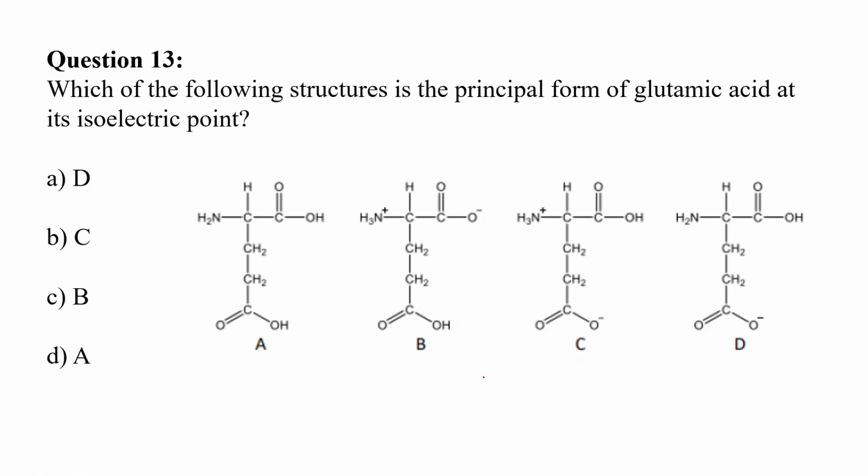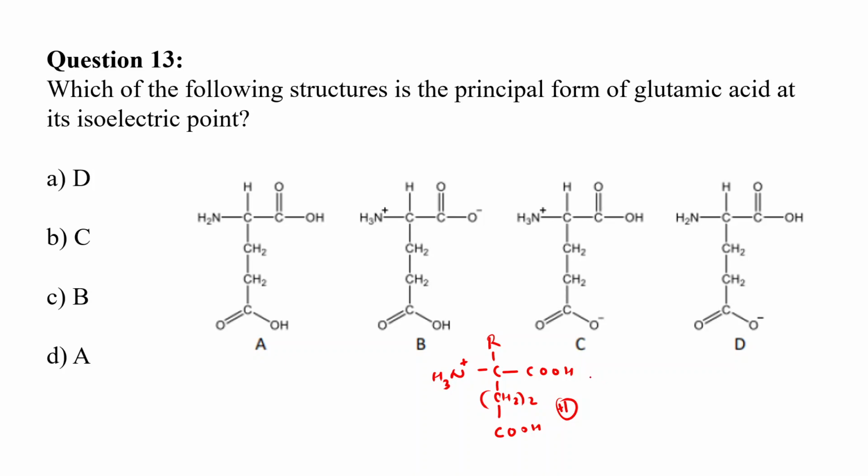If I have a fully protonated form, that is NH3 plus, COOH, and then the side chain is also protonated. Okay, so this is the scenario at a very low pH where everything is protonated and the charge is +1, from this amino group.